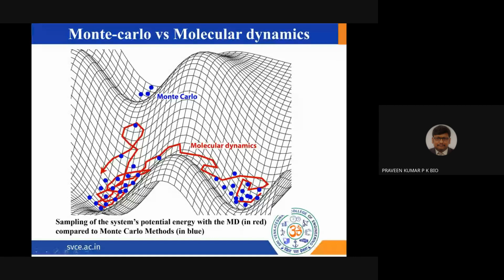Okay, so we study the movements using various parameters. Here you can see in this slide, Monte Carlo versus molecular dynamics. If you see amino acids of a protein in a 3D environment, in a visualizer, this might be a first position amino acid, or this can be a second position amino acid, and after this can be a third position, like this.